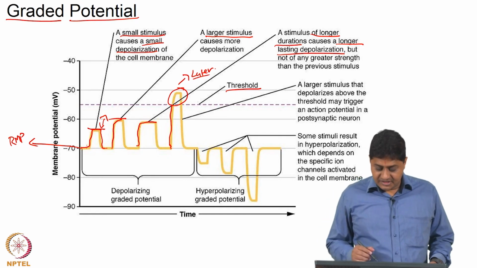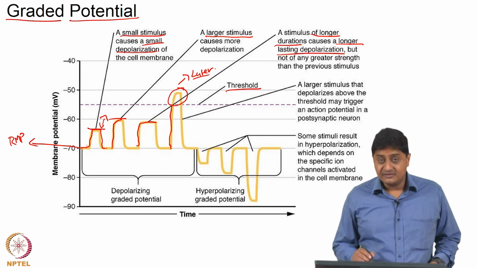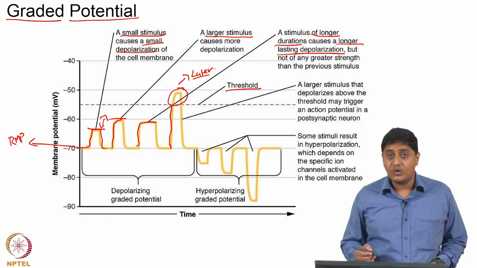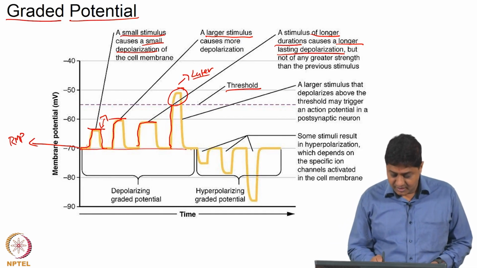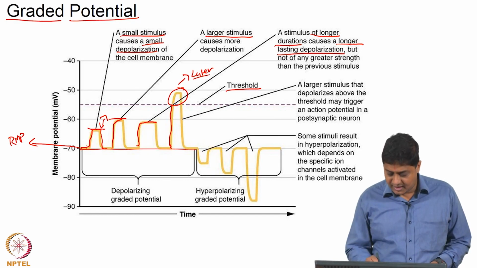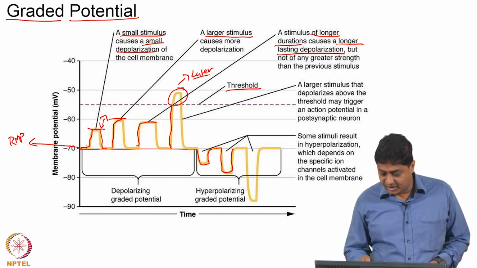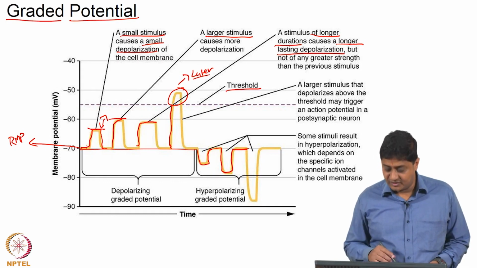It is also possible for some stimuli to cause hyperpolarization, in other words this could make the membrane potential go more negative or less positive. Earlier, from the resting membrane potential, some stimuli can make it less negative. Note here also there will be gradations, and depending on the duration of the stimuli the response duration will vary.